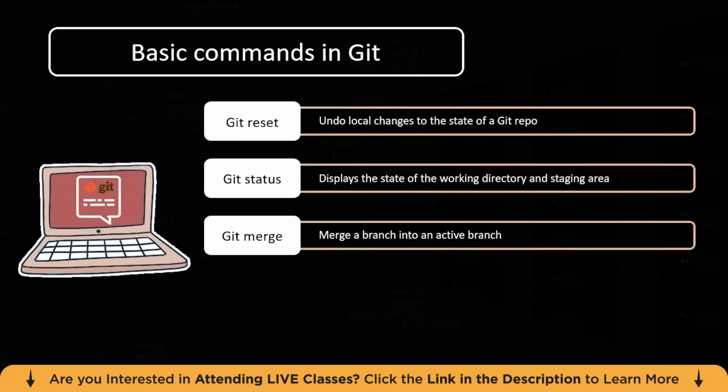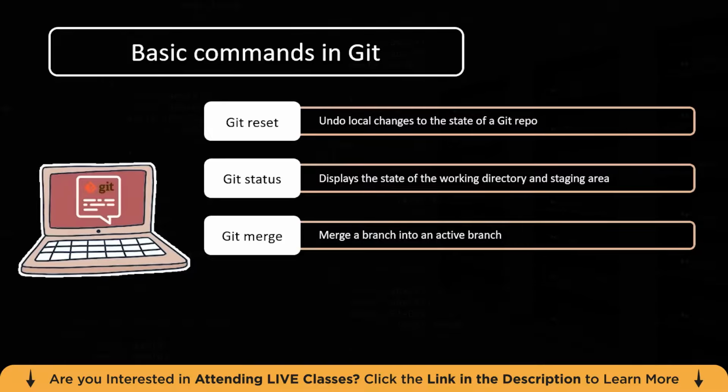The next thing is git merge here. Now git merge is a very specific command which is used to move the changes from one branch to another. At any moment, if you are working on some other branch like a develop branch or some other feature branch, and you want to move the changes from this feature branch to the master branch, you don't have to do the commits all over again in the master branch.